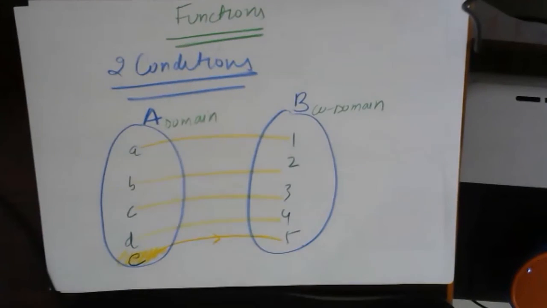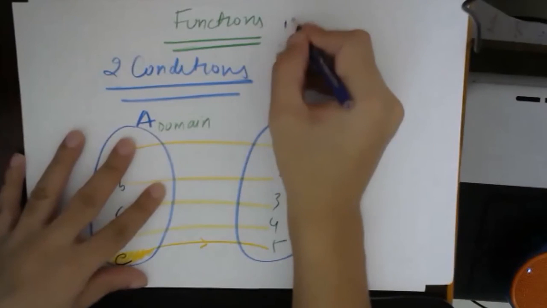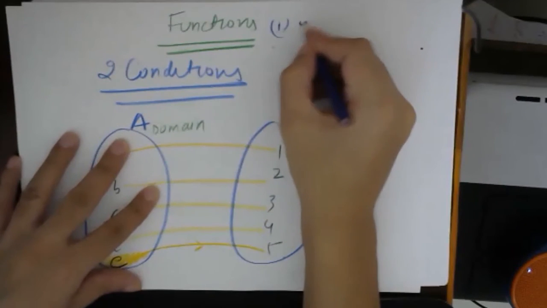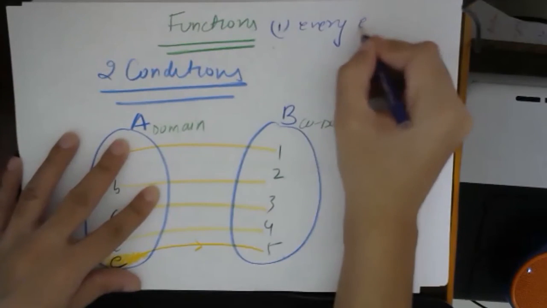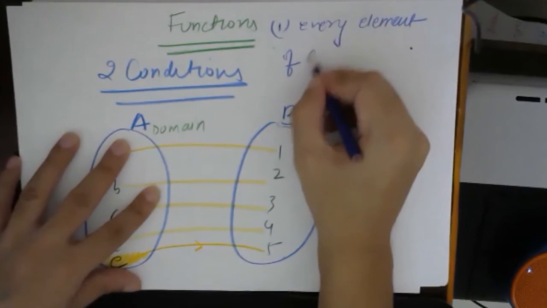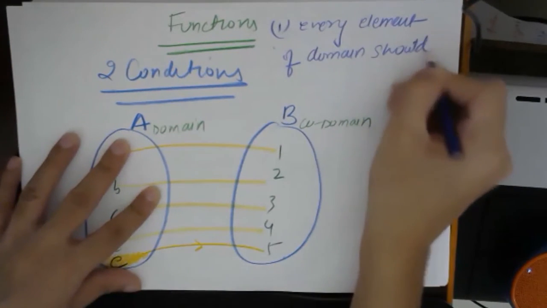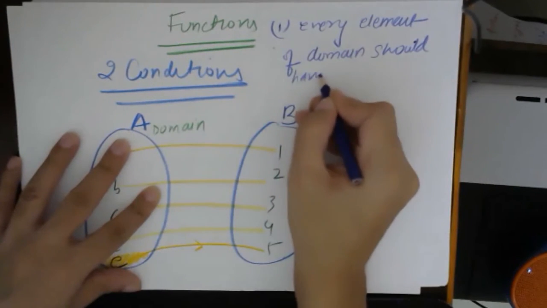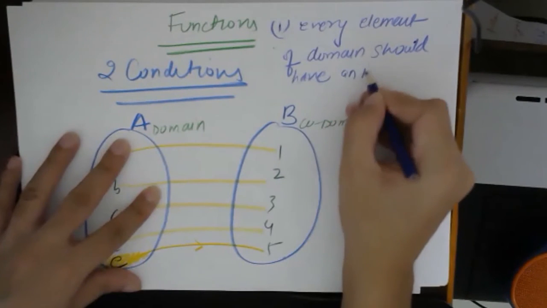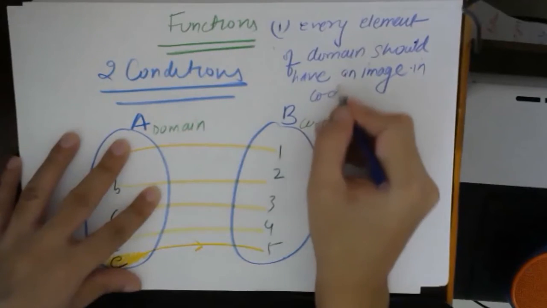So the first condition, I will write in words: every element of domain should have an image in codomain.